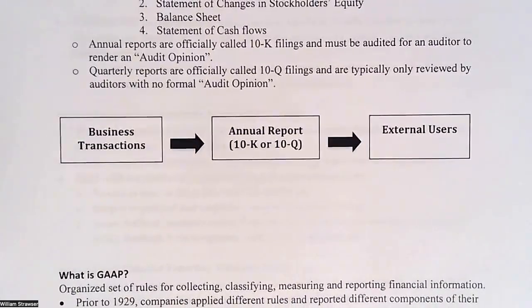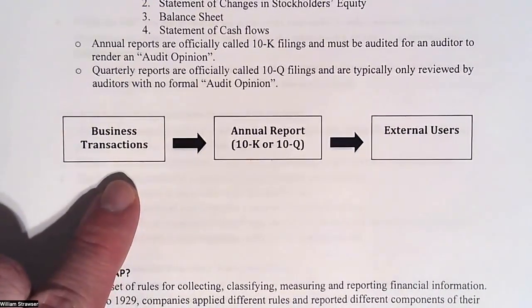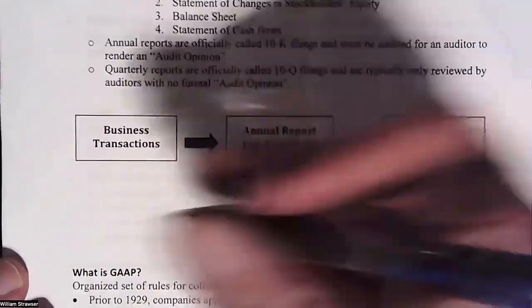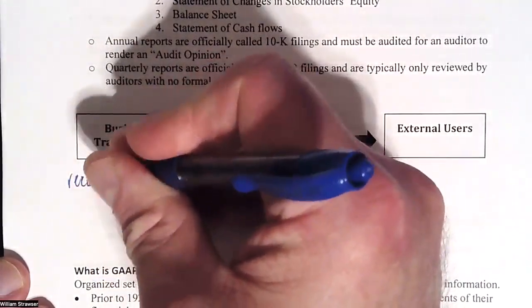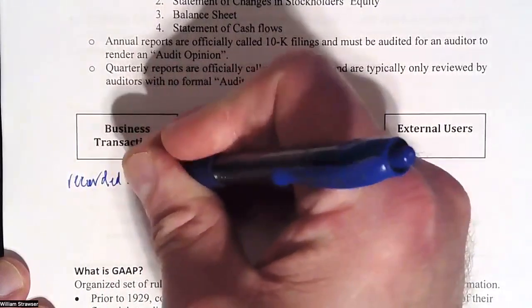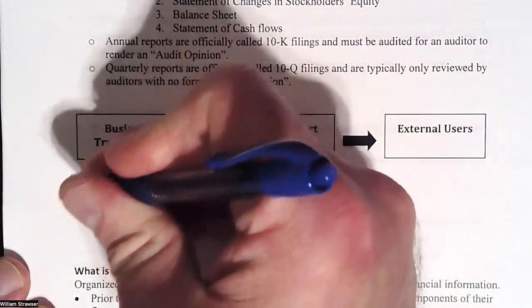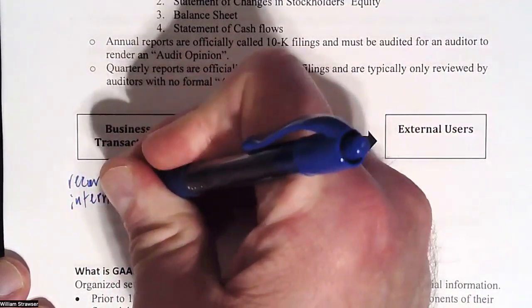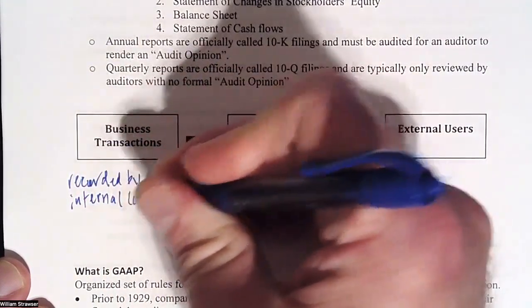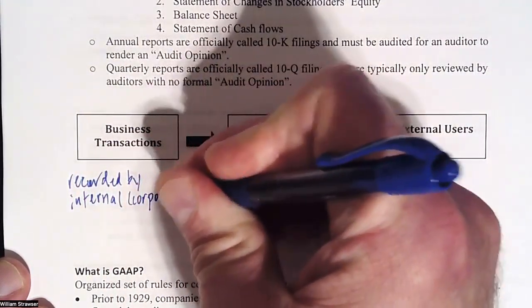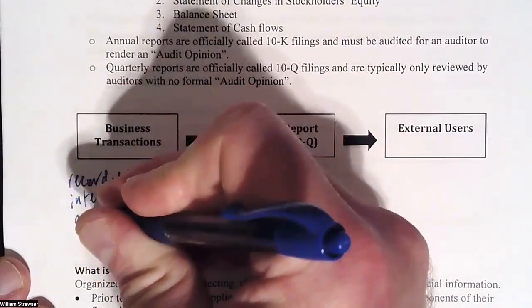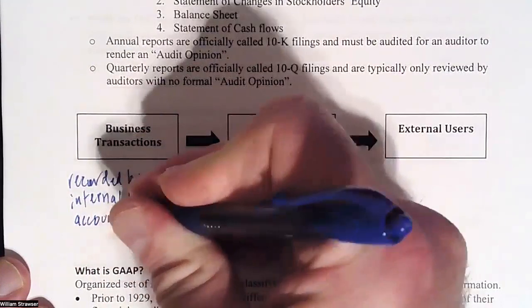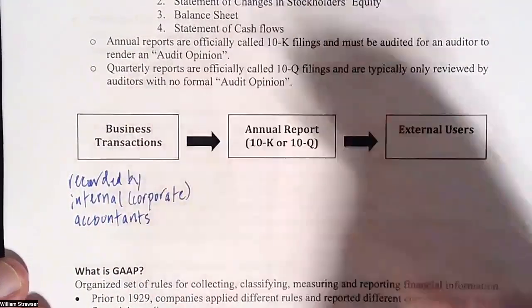And so really what occurs in this cycle, it's a real high level cycle, there are a lot of other items that go in here. We have business transactions that are being recorded by the company. These are usually recorded by internal or corporate accountants. Every company has their own staff of accountants, recording all the transactions of the company, and they will put together the financial reports.